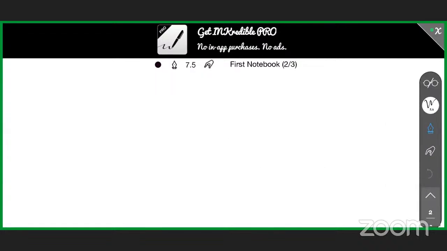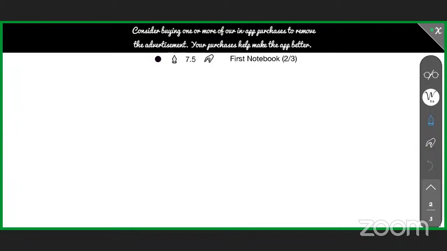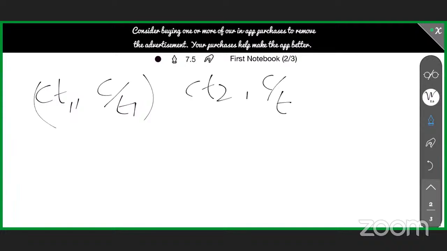Okay, now some of the important things you can please copy down somewhere else. The points are Ct, c by t, that is ct1, c by t1, ct2, c by t2, and ct3, c by t3.